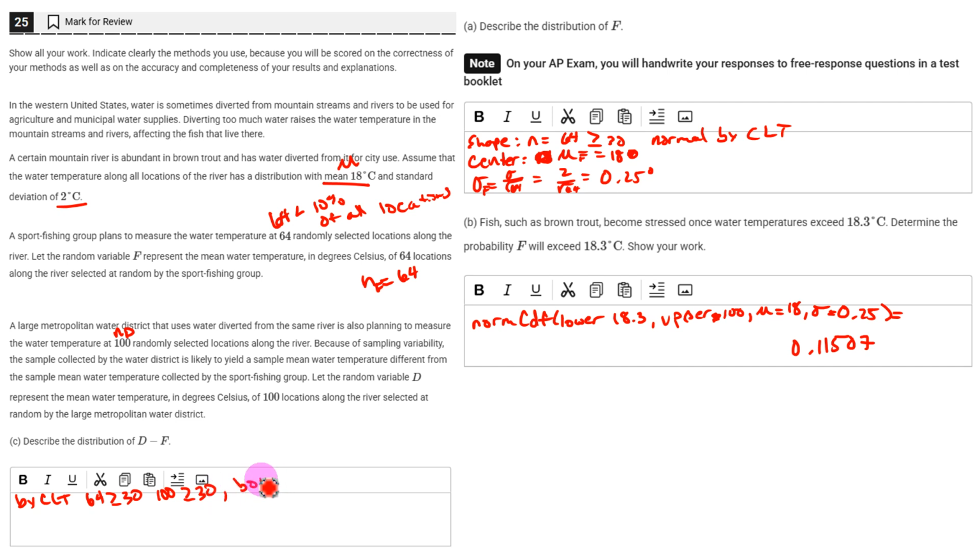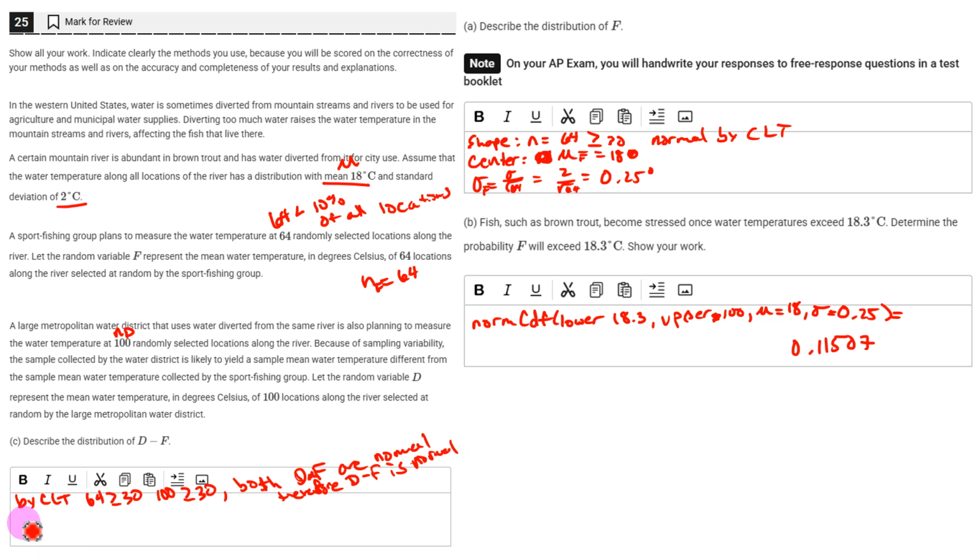So both D and F are normal. Therefore, D minus F is normal.